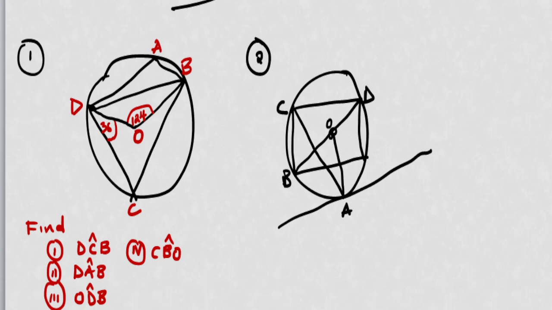Let me put in some angles using a different color. Suppose there is an angle here, and that angle is 30 degrees.